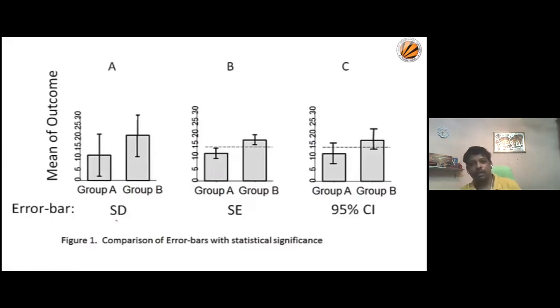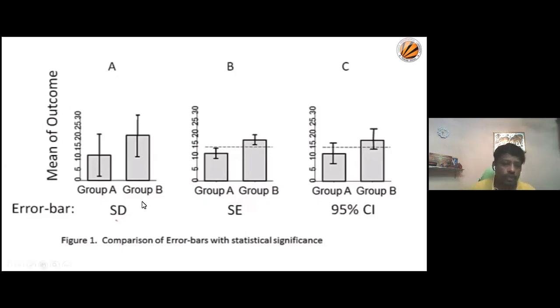This is the mean, it's like a 10, plus or minus two standard deviations. The standard deviation is going to tell you the dispersion of your data.